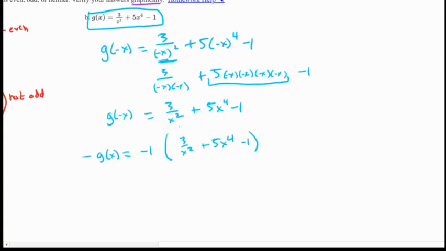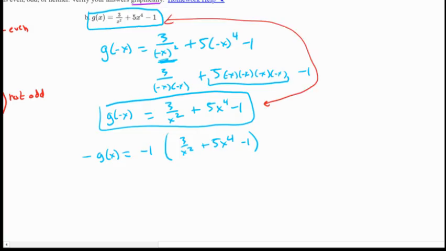Now, I'm going to keep going here. I don't necessarily have to, because what I see here is that my original equation and this one here are equal. Therefore, it tells me it's even. I'm just going to really quickly go through and find the other one just to show the algebra here, but it ends up becoming negative 3 over x squared minus 5x to the power 4 plus 1.